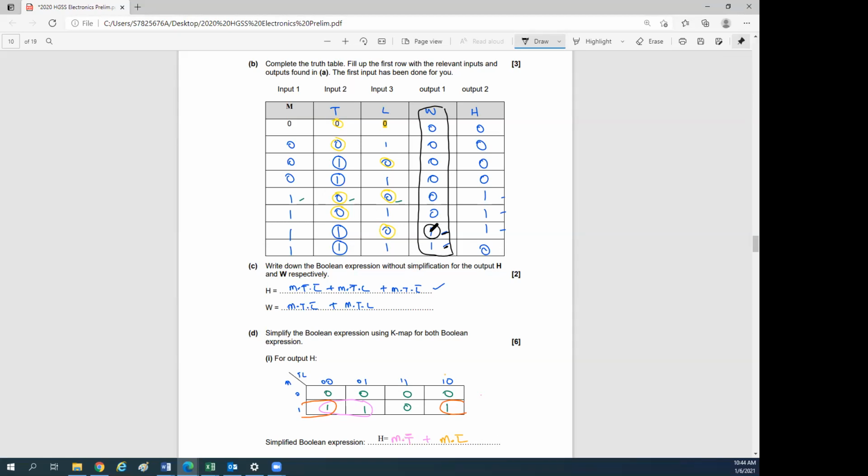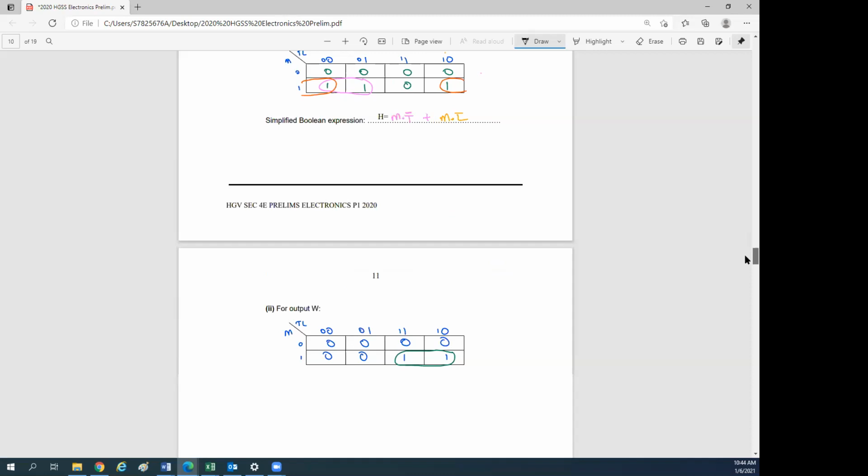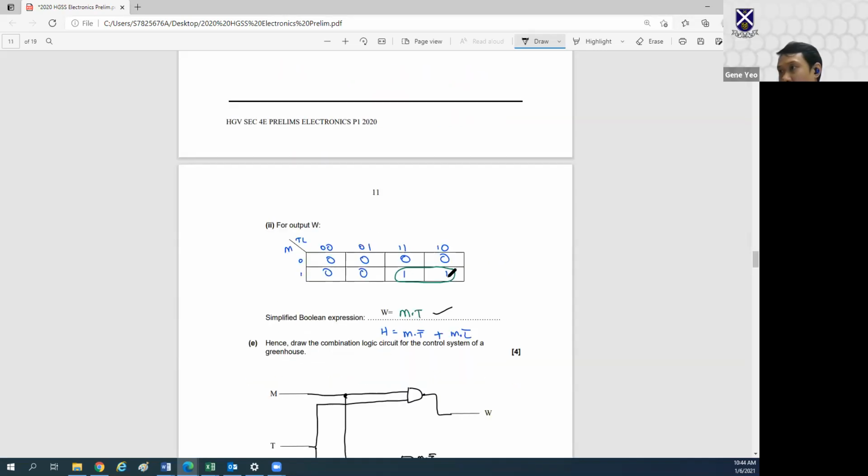So remember, M1, T1, L0. M1, so it's this row, T1, and L0. So it's 1, 1, 0. This row and this column intersect. That's why I have the 1 here.